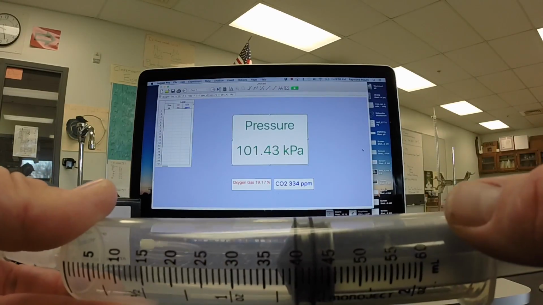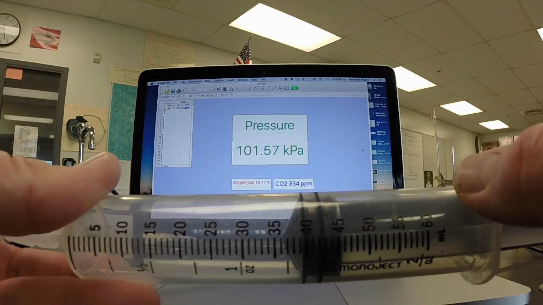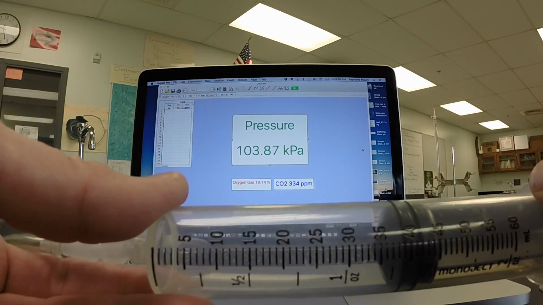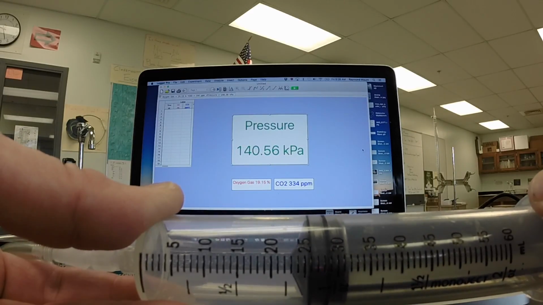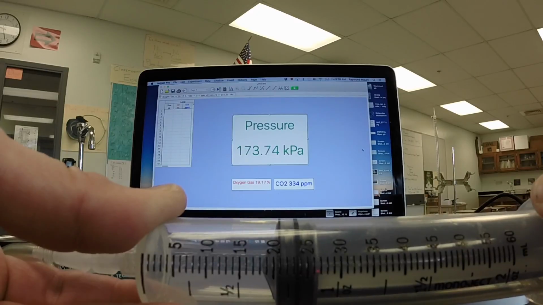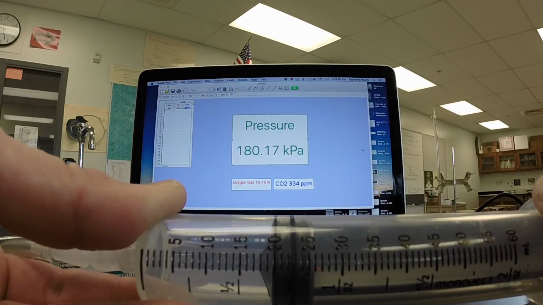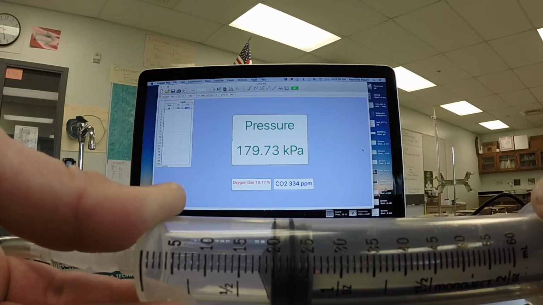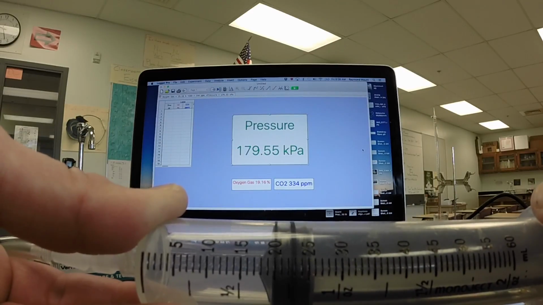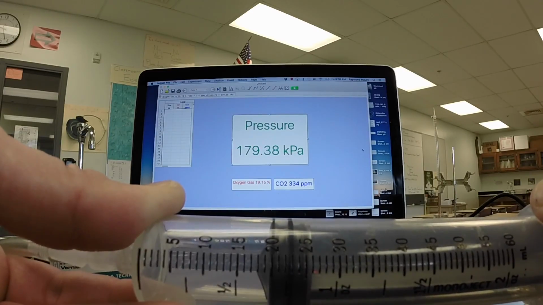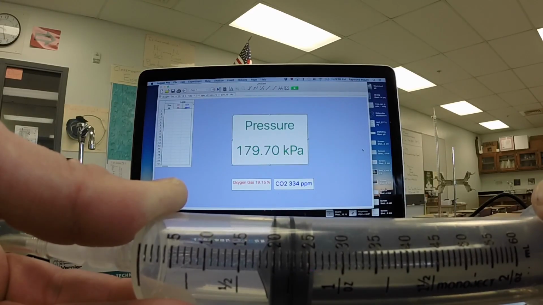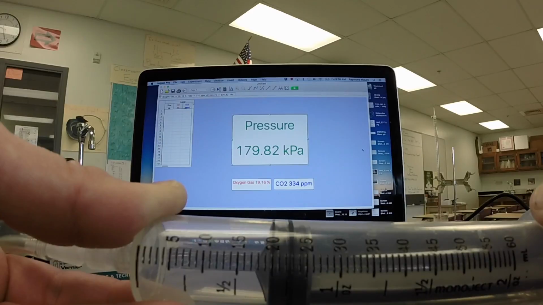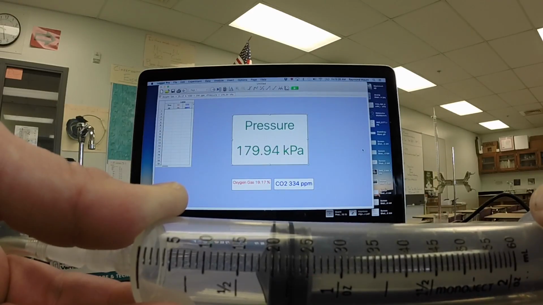I'm going to compress the gas in the syringe down to 20 milliliters, and notice what happens to the pressure when I do that. There you go. So that's Boyle's law right there. If we reduce the volume, the pressure increases.